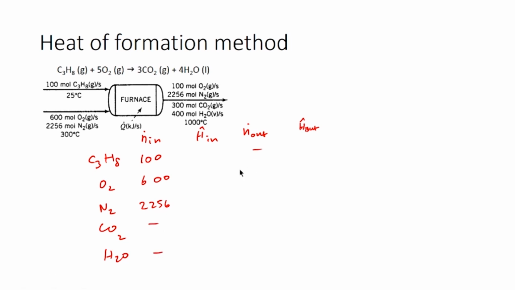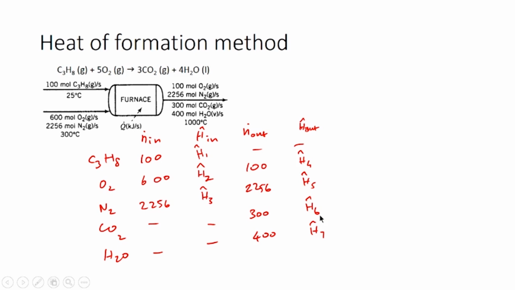You do not have any propane leaving, you have 100, 2256, 300 and 400 moles of each of the other components leaving. So, now we are going to account for the temperature as well. So, you have H1 cap, H2 cap, H3 cap, H4 cap, H5 cap, H6 cap and H7 cap.